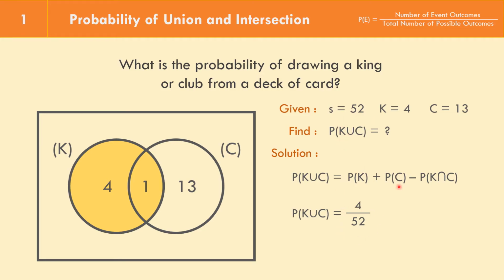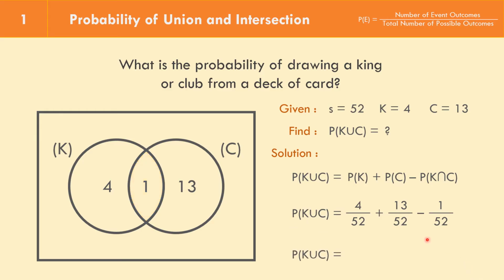How about the club? The club is equal to 13 over 52. What could be the intersection between the king and the club? We have 1 king in a club, so that is minus 1 over 52.